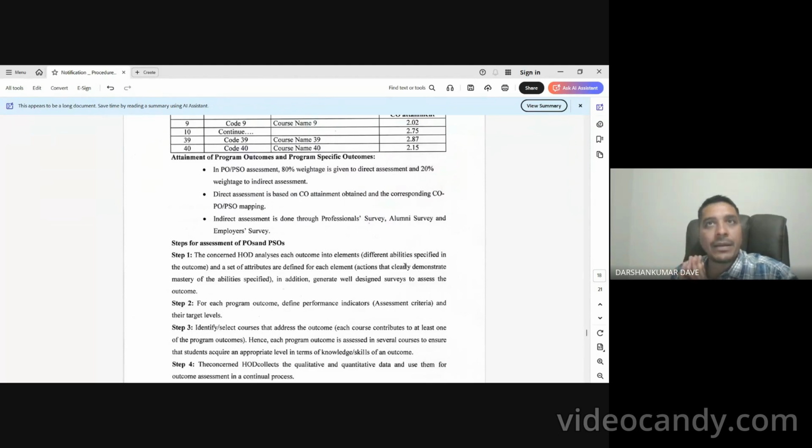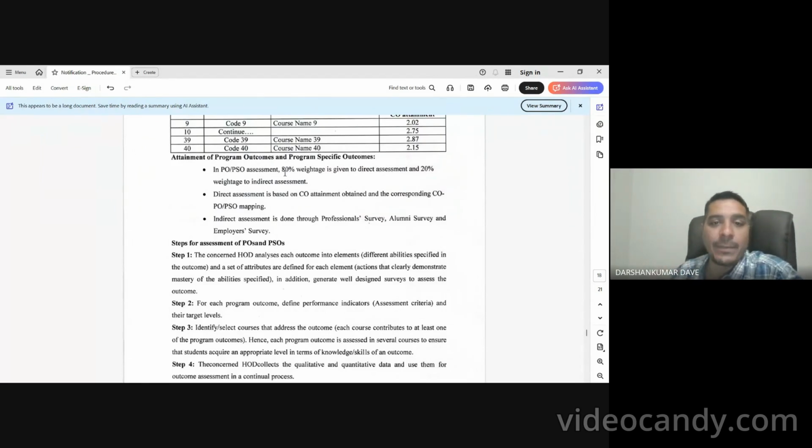If we have good resources in terms of industry collaboration, alumni, and alumni being placed at good institutes, you should give a significant weightage to your indirect assessment. It should be either 20% or 10%, not more than 20% in any case. That is the ideal way. It is not a rule, but it is the ideal way.